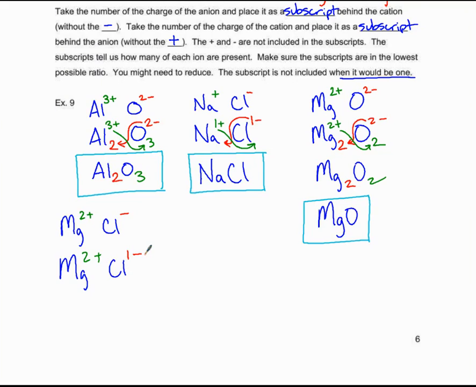And so we would take the number of the charge of the anion, place it behind the cation. We are switching the charges. And so there would be a 1 here. This 2 is going to go behind the anion. And so we see that there's going to be 1 magnesium and 2 chlorides. And our final formula is MgCl2.